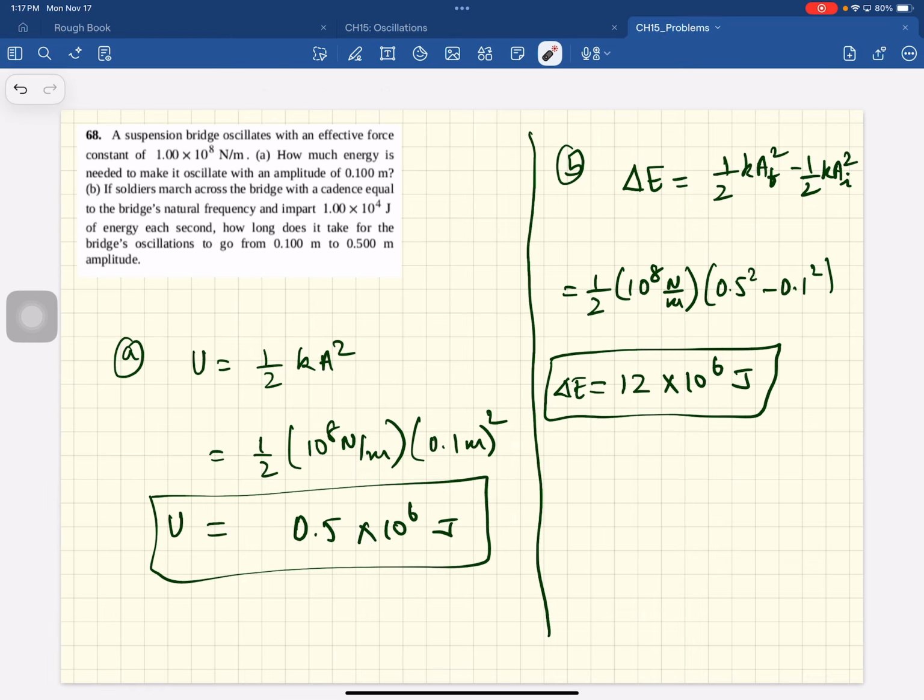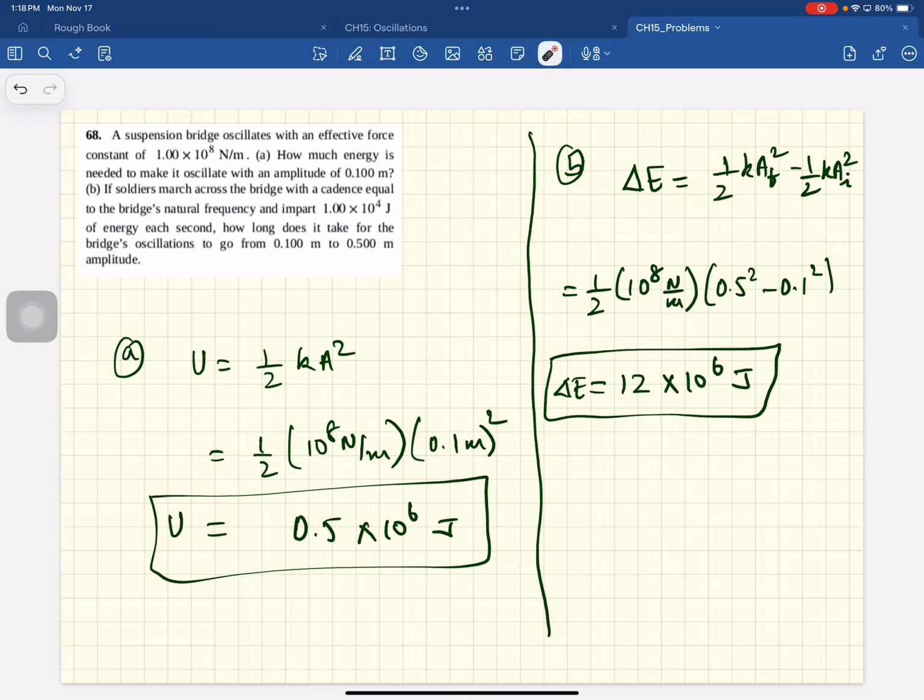Okay, so what this is saying is, if you want to increase the amplitude of oscillation from 0.1 meters to 0.5 meters, you need to pump in 12 million joules of energy. And how are you going to do that? By the soldiers marching on the bridge.